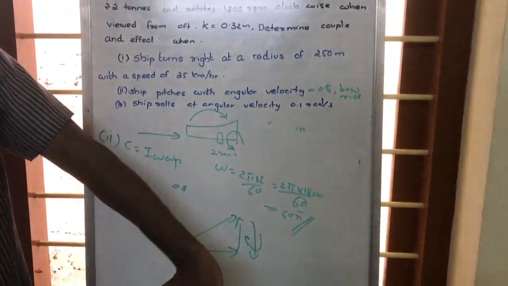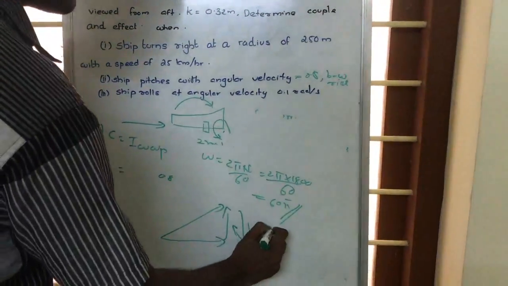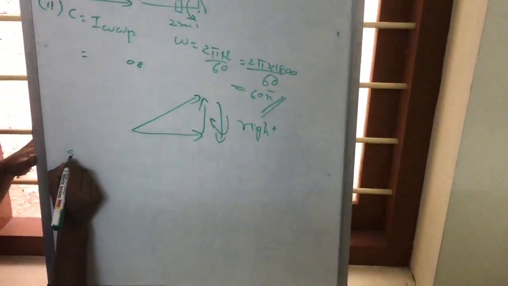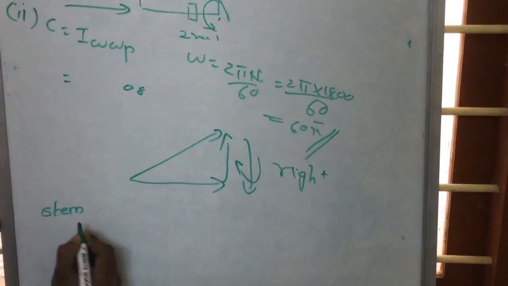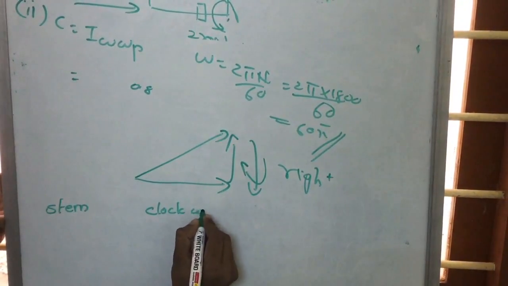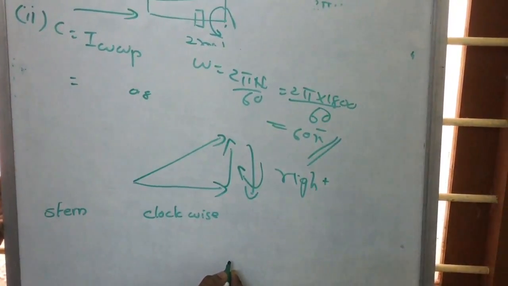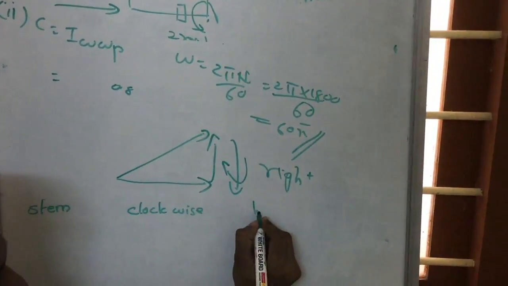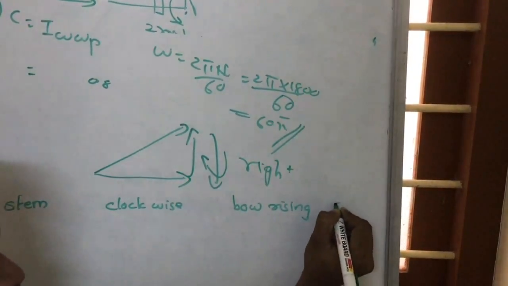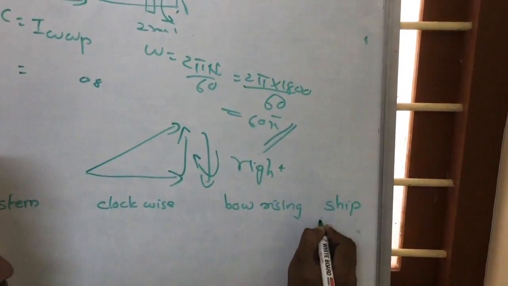So the ship turns right. Here too we will introduce a table which says we are looking from the stern end or aft end, and the propeller is rotating clockwise, and if the bow is rising, then the ship will turn right.